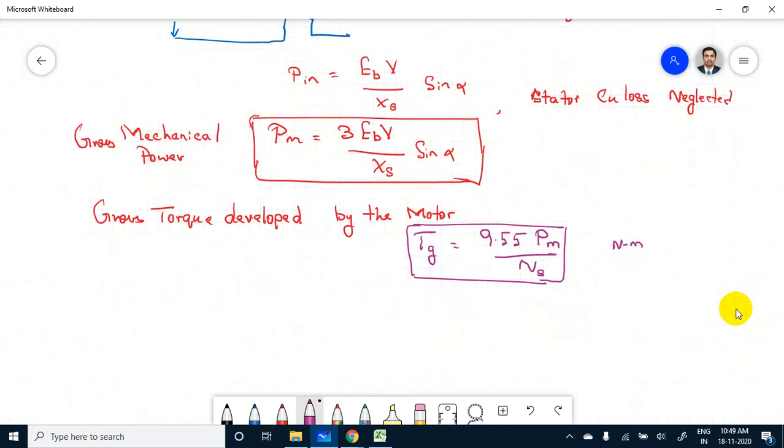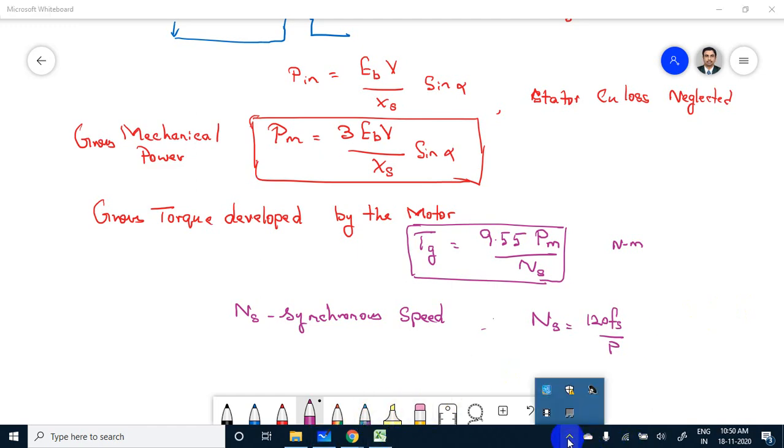Take down, NS means synchronous speed, because the synchronous motor runs at constant speed. NS is equal to 120 f by P. Understand? Any doubts?